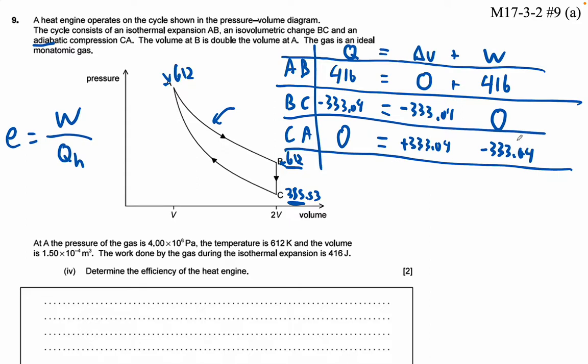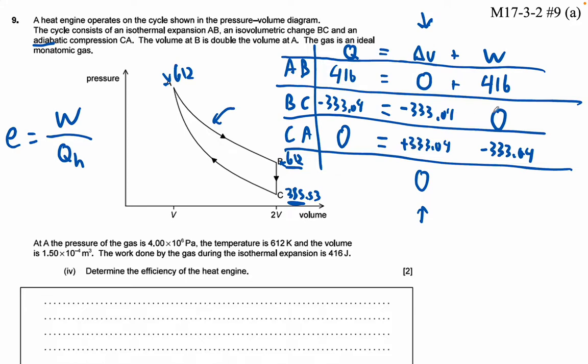By the way, another argument for this change in internal energy being positive 333 is that for a complete cycle, the net change in internal energy always has to add to 0, because if you start and end at the same place, the net change has to be 0. So that's another argument for why this has to be positive 333.